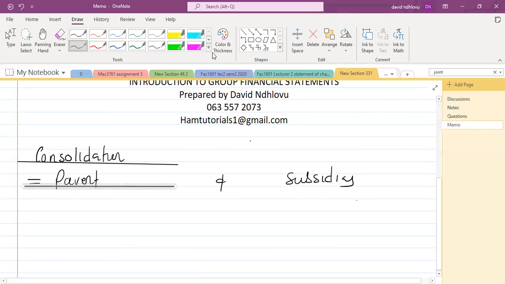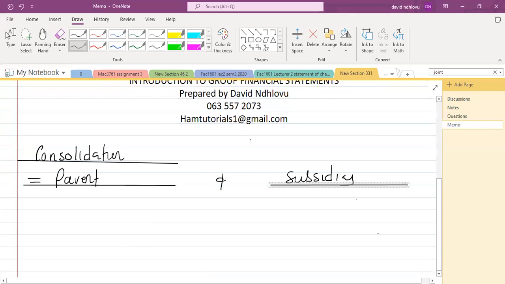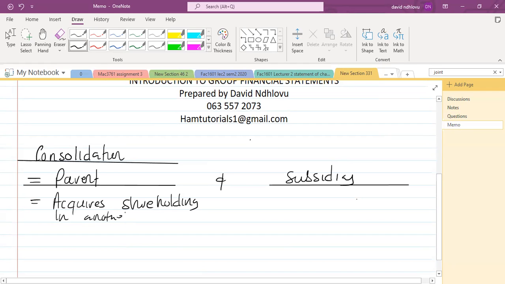Right, I'll just brush through so that you at least have an idea of what we'll be doing. I explained this properly in the first lesson. I'll share that with you. A parent is basically an entity that acquires shareholding in another entity, and through its shareholding, controls the other entity.